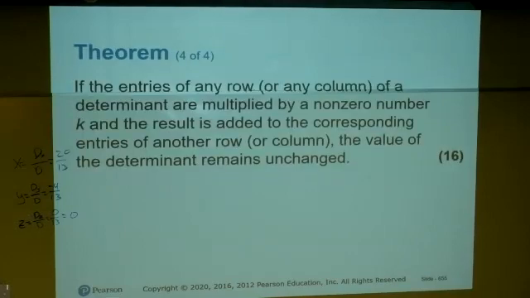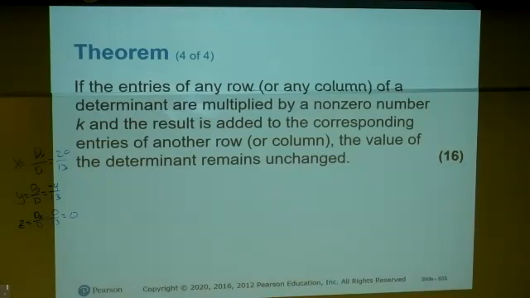If the entries of any, all right, so if you do a row operation on two rows or columns, by multiplying one row or column by a number that isn't 0, and add it to the corresponding entries of a row or column, the value of the determinant remains unchanged.